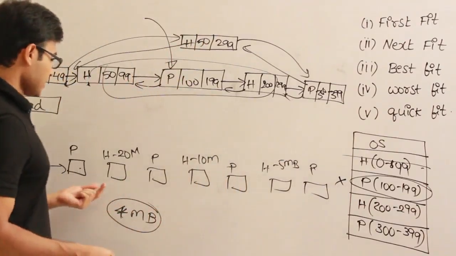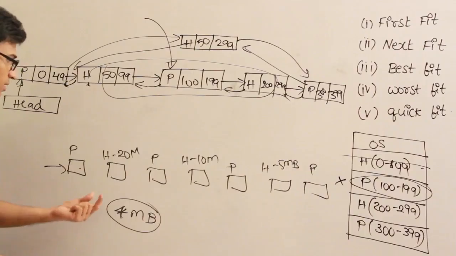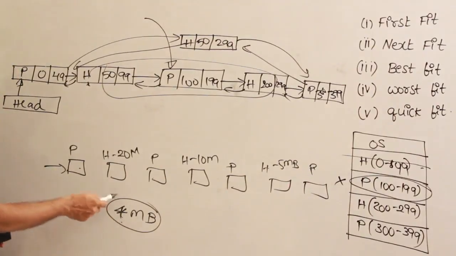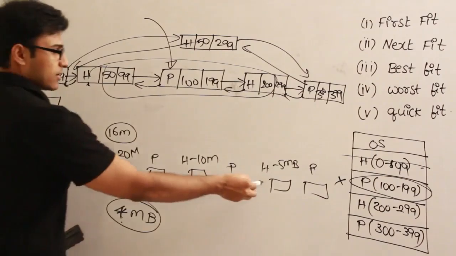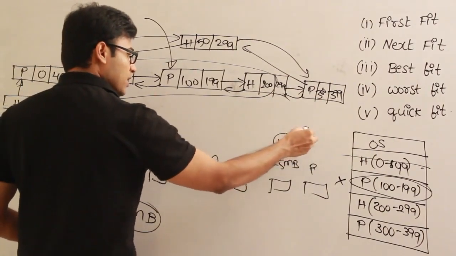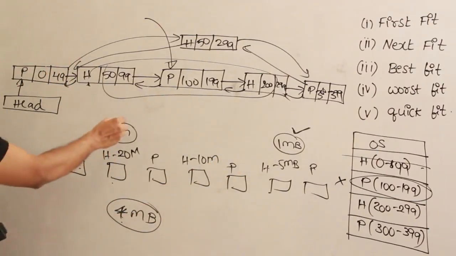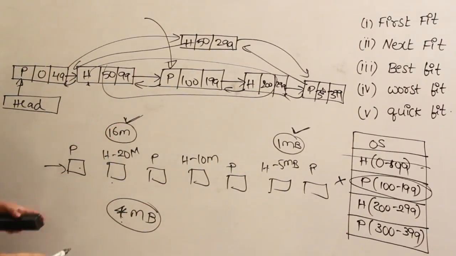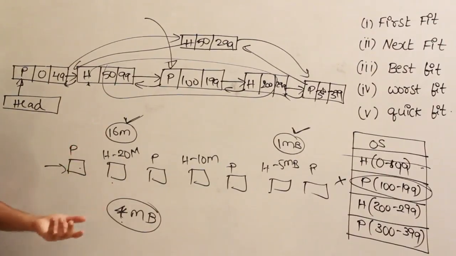See, in this case first fit would have created a hole of 16 MB. If I allocate 4 MB here, the new hole created will be 16 MB, and here the new hole created will be 1 MB, and 1 MB is a smaller hole, and therefore it might not be taken up by any process. But if you create a larger hole, then it will have a good impact later, right? Later a process can take it.